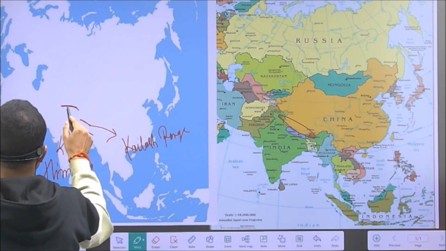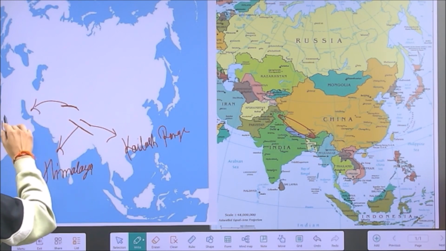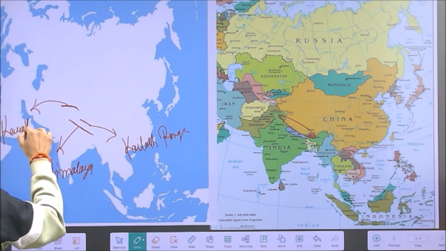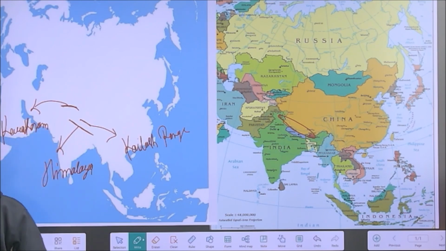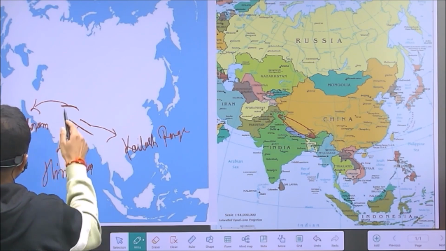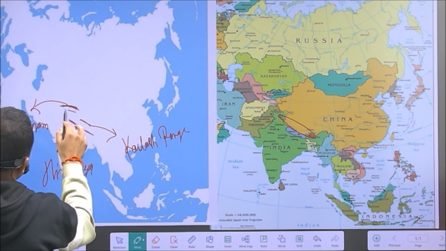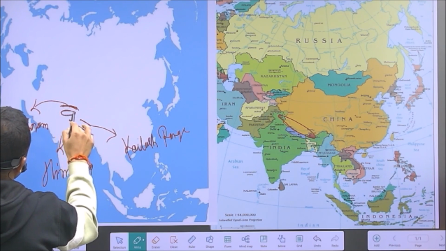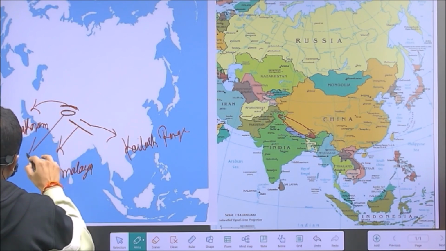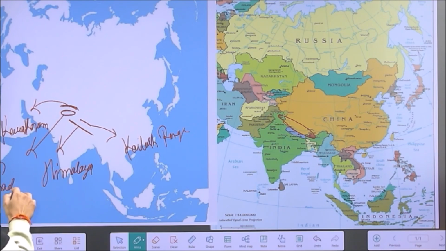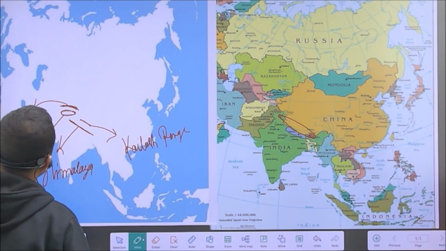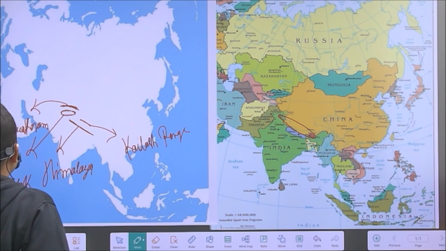It is Karakoram. Between Karakoram and Himalaya, you can see one plateau is situated, which is called Ladakh plateau. We will discuss it further in detail, but here you only have to mark it.